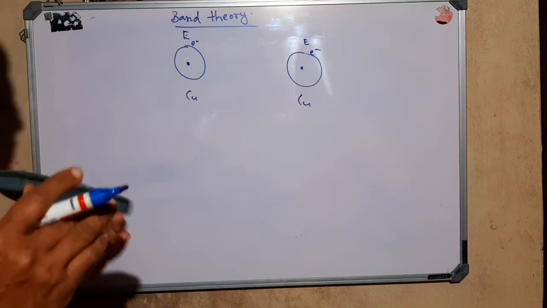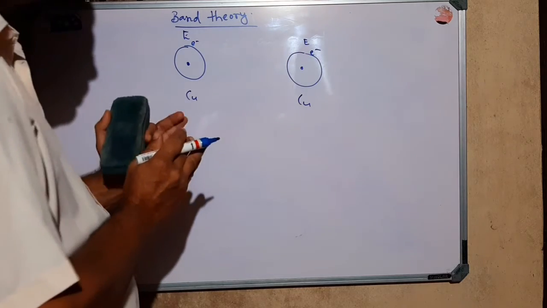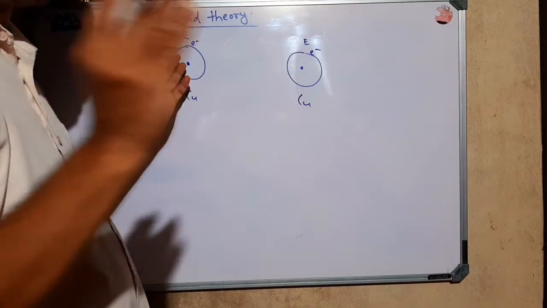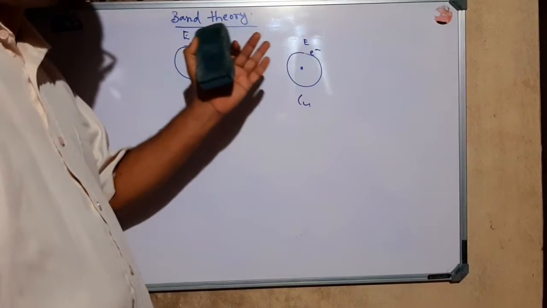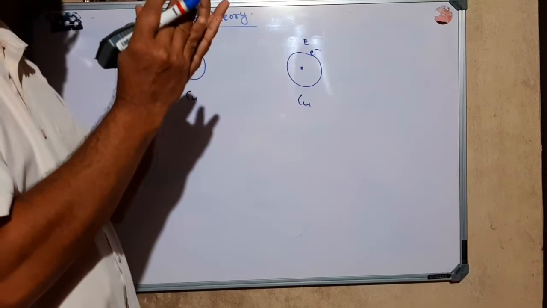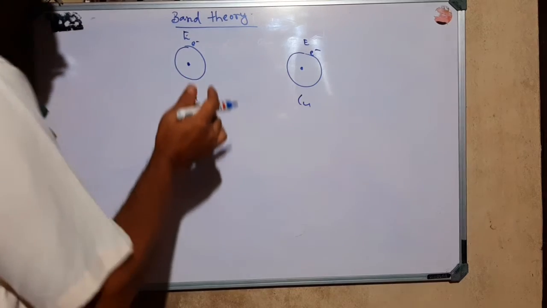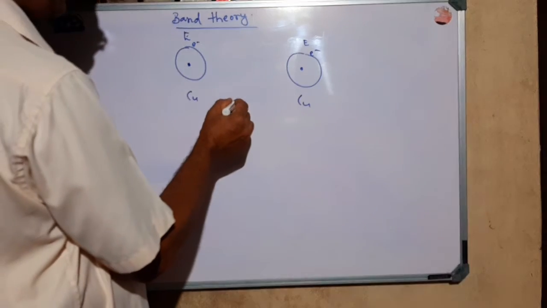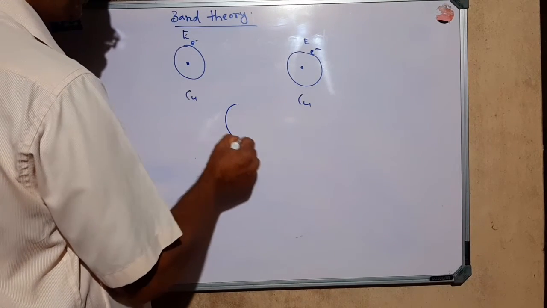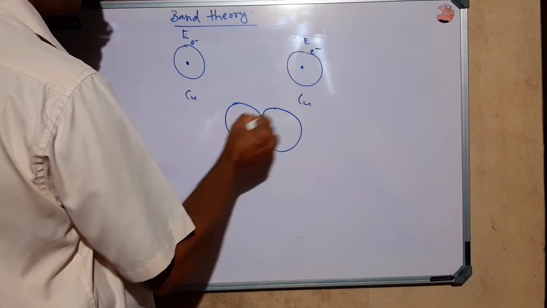Now, I want to form a copper solid. What we have to do? We have to consider n number of copper atoms which are farther away. By applying force, you have to bring all the copper atoms close together. So what happens when you bring the atoms close together? There may be overlapping of orbits.